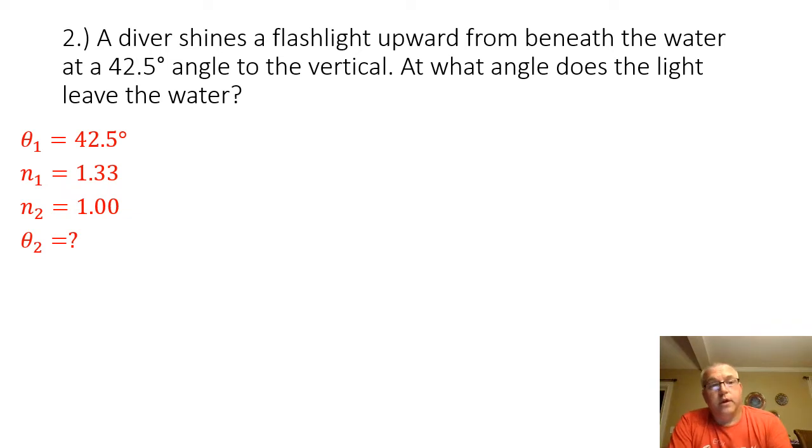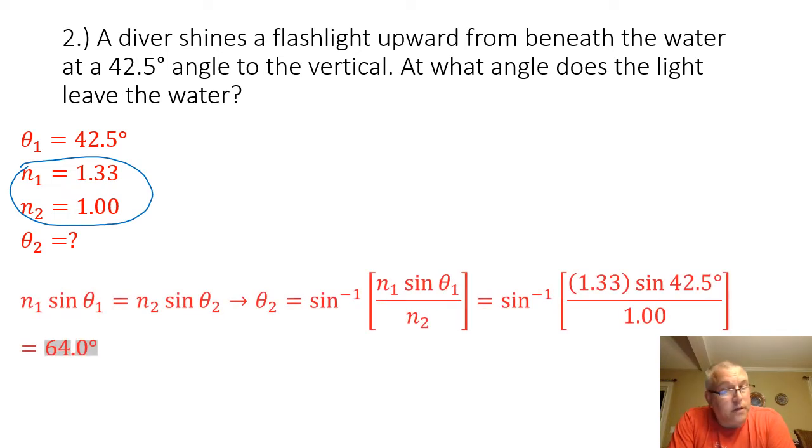And remember, even though these are not explicitly given to you in the problem, you can find them on the table from the PowerPoint or from the formula sheet in the toolbox on the website. So I need to solve for theta 2. I'm going to start off with Snell's law.